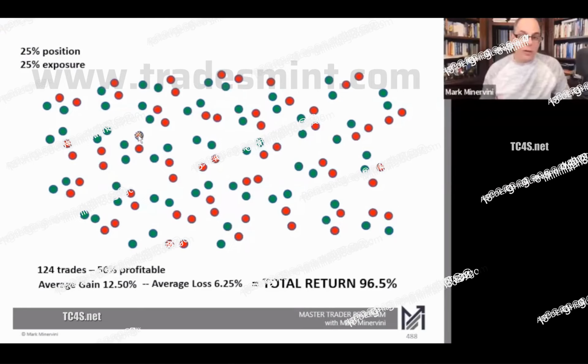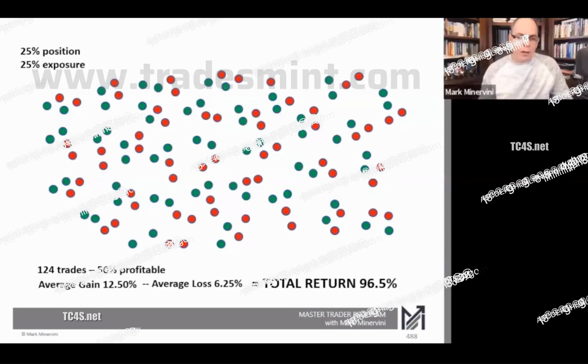In the real world, if you had $100,000, you took $25,000 of your money, you bought a stock, made 12.5%, took your profit, bought another stock, lost 6.25% in whatever order, or average that over the life of these 124 trades, and never once dipped into that 75% cash. If you did it 124 times, you'd have about 100% return. 96.5% would be your return over these 124 trades.